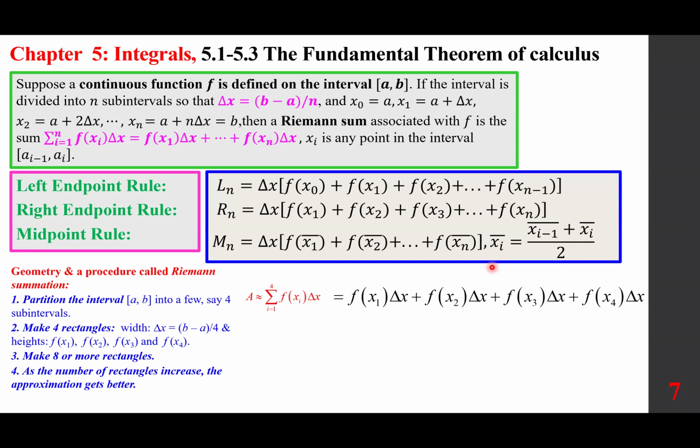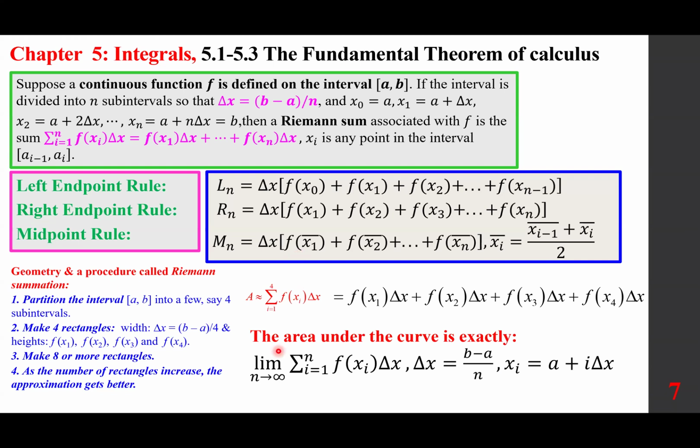You just write that line segment that I mentioned and work with that. When we take the limit of this expression, the limit of the summation of i going from 1 to n of f of x sub i delta x as n goes to infinity, this becomes exactly the area under the curve, where delta x is b minus a over n, x sub i is a plus i delta x.